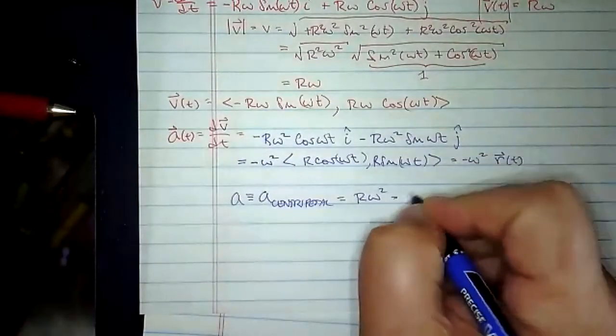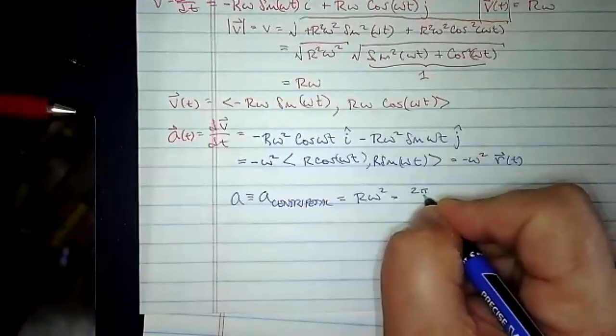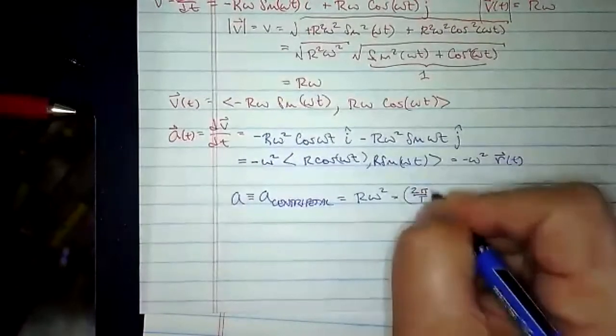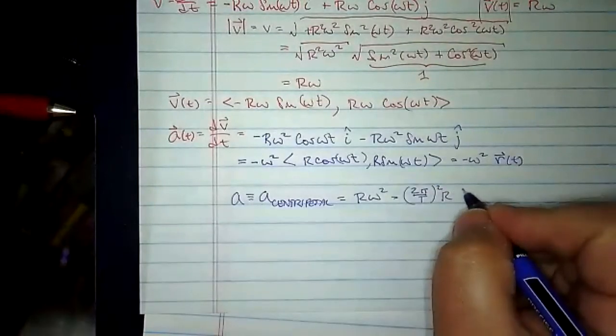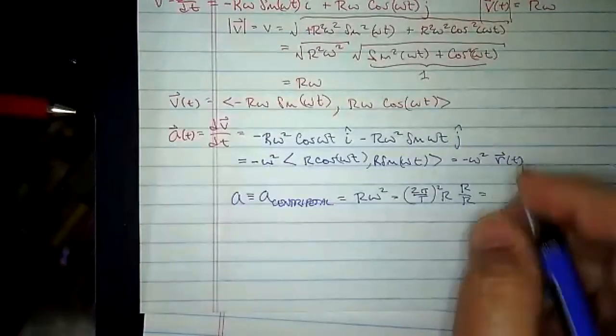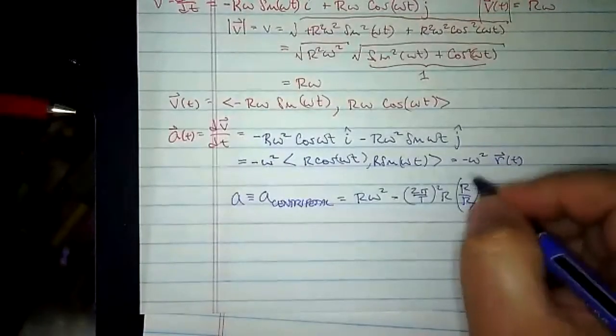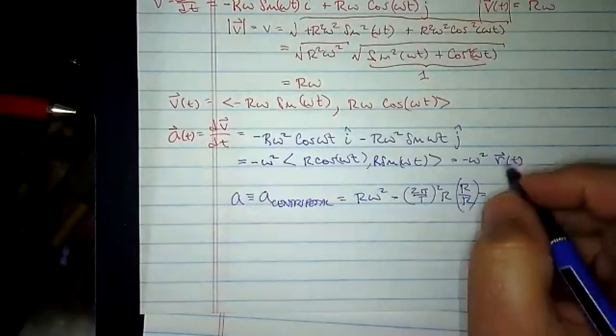But remember, we defined omega to be 2 pi over T, right? So if you had another r there, what I'm going to do is multiply by r over r. I just added this in here just magically, but because I multiplied by r and divided by r, it's perfectly fine.